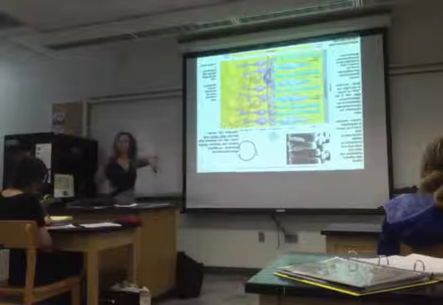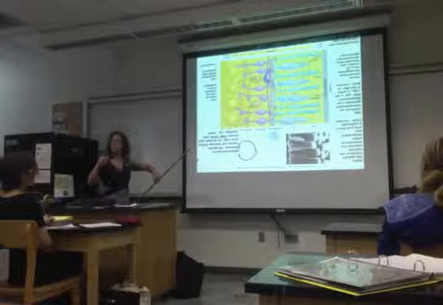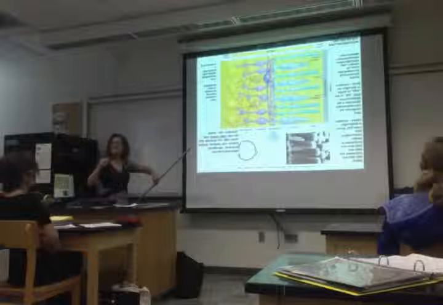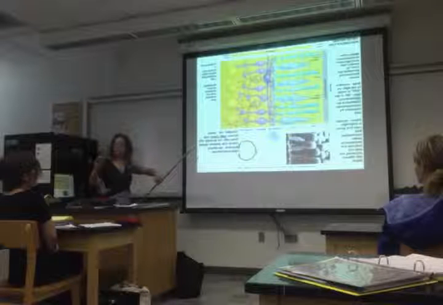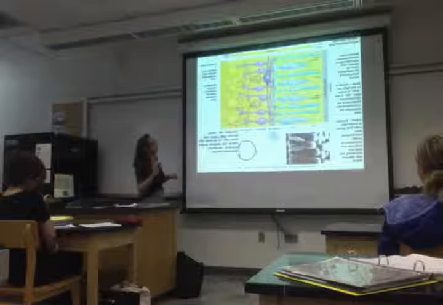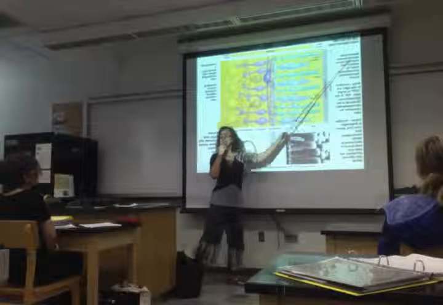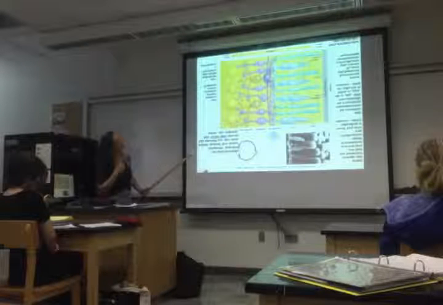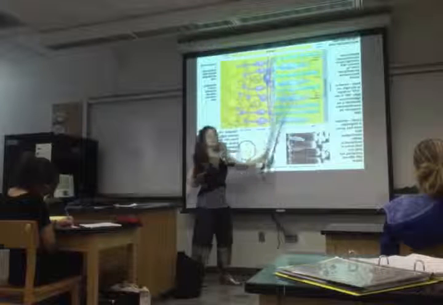And the choroid has what in it? What pigment? Review from anatomy. Melanin. Good. So, melanin in the choroid.